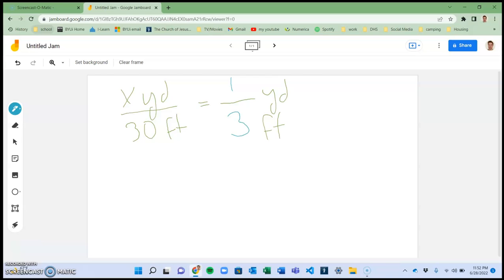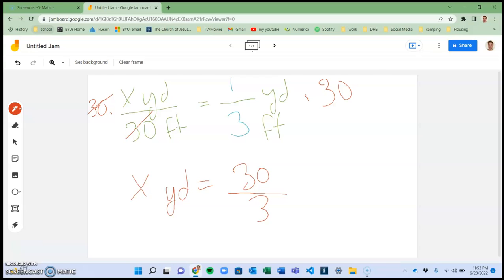So in order to solve for x, we have to first get it by itself. This means that we have to multiply by 30 on both sides. 30 divided by 30, that's the same thing as 1, so we can cancel those out. So now we're left with x yards equals, and now we have 30 times 1, so that should be 30, and we're still divided by 3.